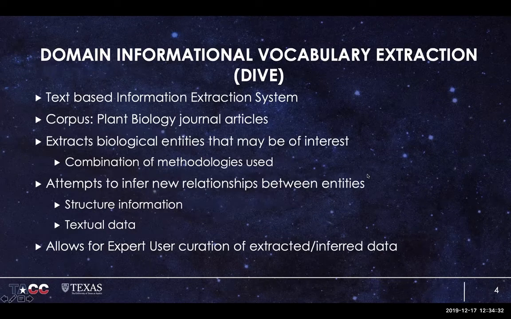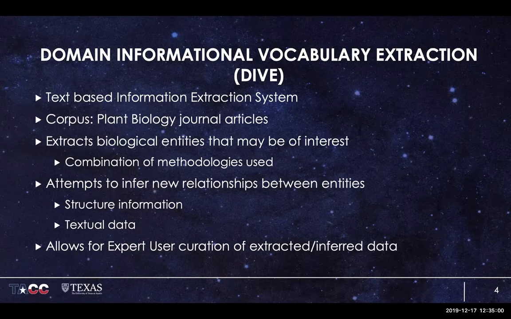So to that end, we created this tool that we call Domain Informational Vocabulary Extraction, or DIVE, and this is a text-based information extraction system. We've primarily developed it around this use case for plant biology journal articles, but it's easily adaptable to any kind of body of text. It extracts biological entities.